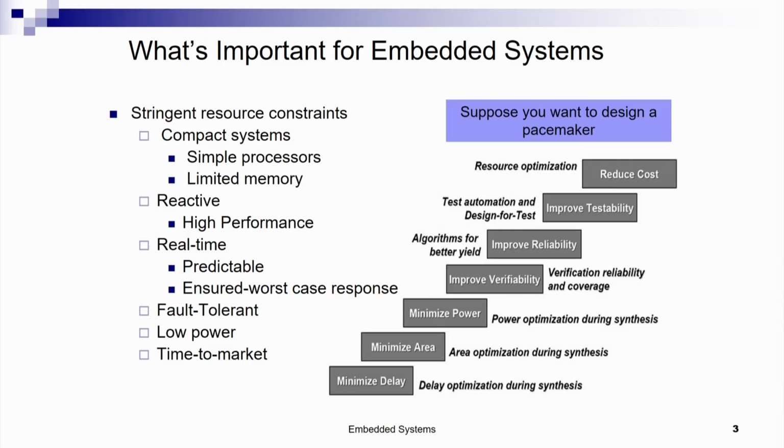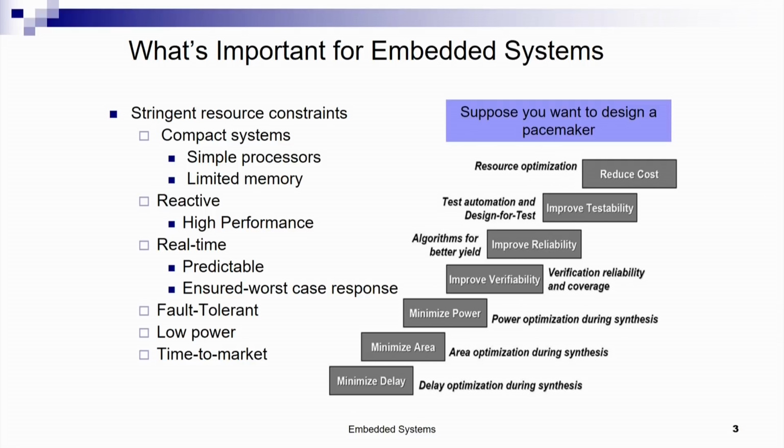Because this is safety critical, I cannot say that I got delayed in generating an electrical impulse. I should always be able to generate an impulse within a certain interval of time. If it is missing an impulse within a certain period of time, I should be able to generate the artificial impulse. So, it should minimize delay.